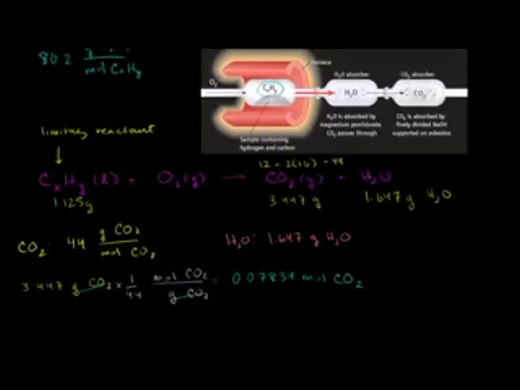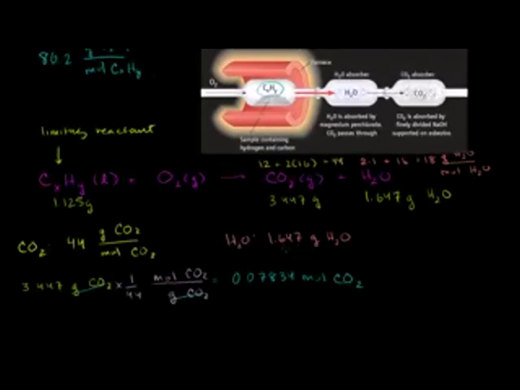Each hydrogen is 1, but you have 2 of them, so it's 2 times 1 plus 16, which is the atomic weight of oxygen. So 2 times 1 plus 16 is 18. That's also its molar mass. So you could say 18 grams of H2O per mole of H2O.